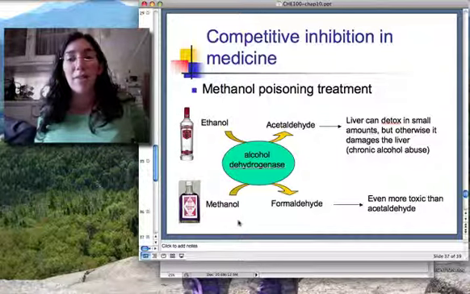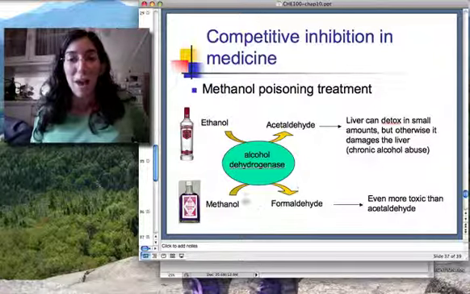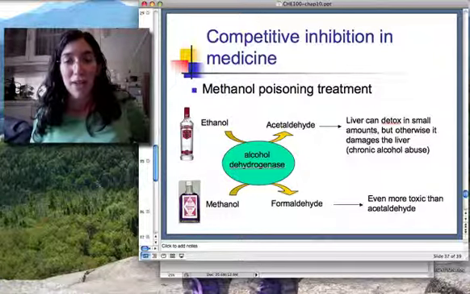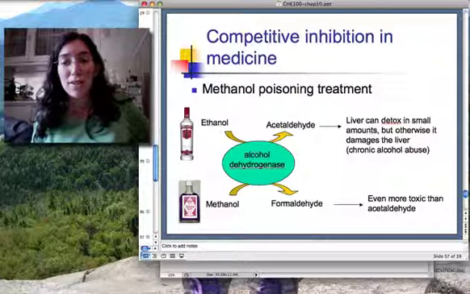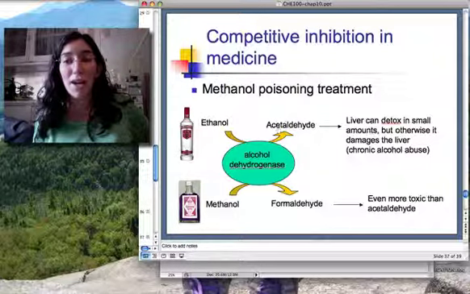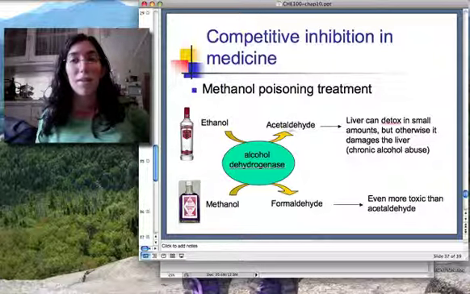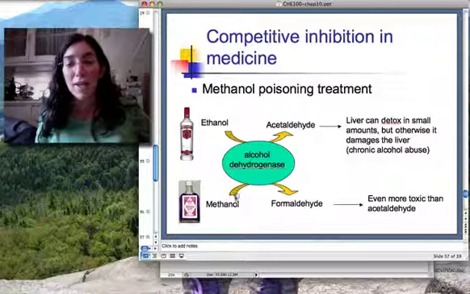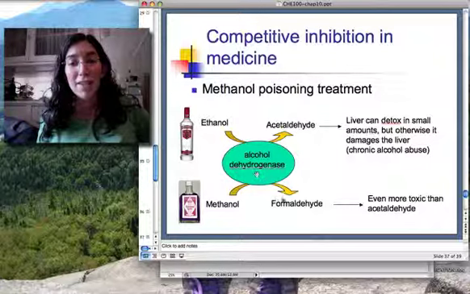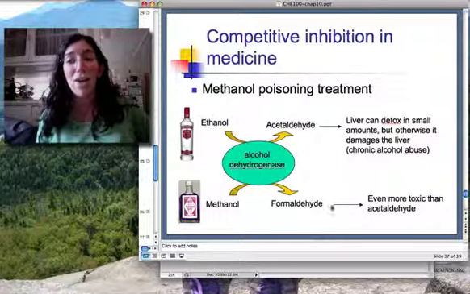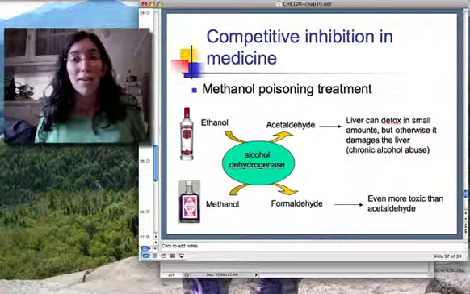Methanol, in your body, this is what happens. Ethanol gets metabolized to acetaldehyde, which the liver can detoxify and rid the body of. But methanol gets metabolized into formaldehyde, which is very, very toxic to the body.